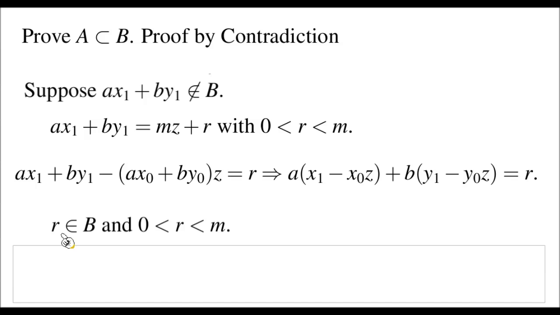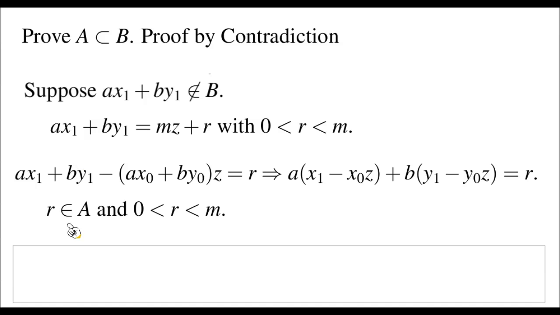So R was a type of, this is supposed to be A, sorry about that. So I fixed it. So R is supposed to be in A because it's a combination, but it turns out that element is smaller than the smallest element. That's a contradiction. There is a smallest element, nothing else is smaller than that M. So this is a contradiction, therefore there's no such element.